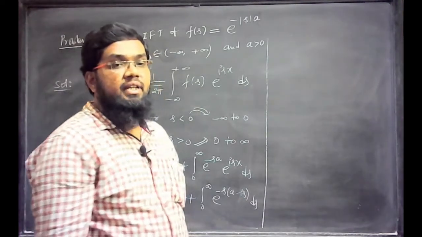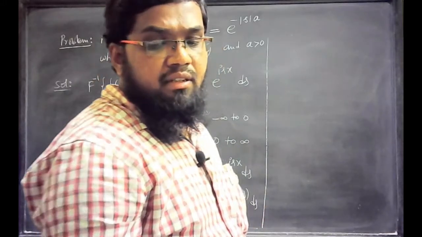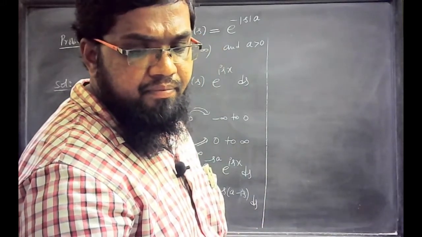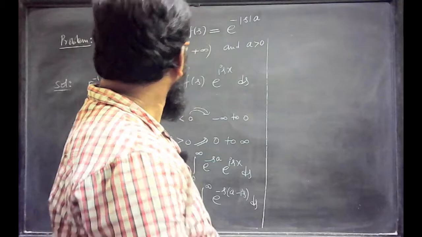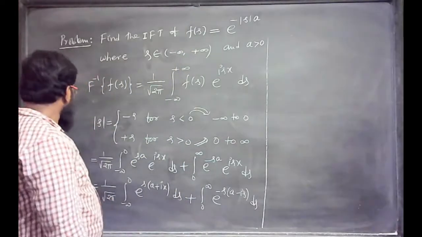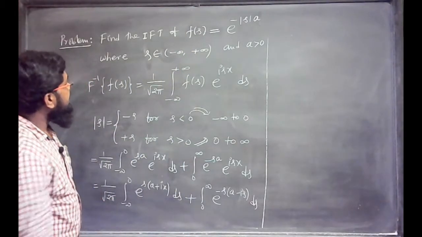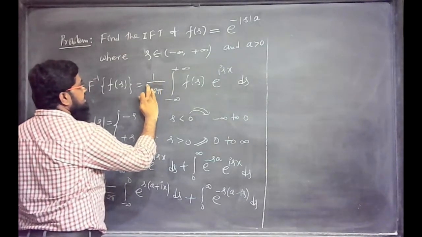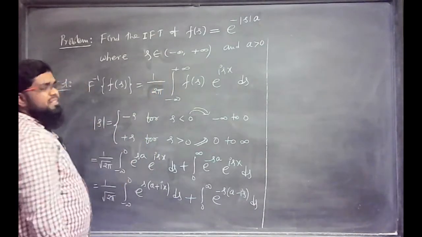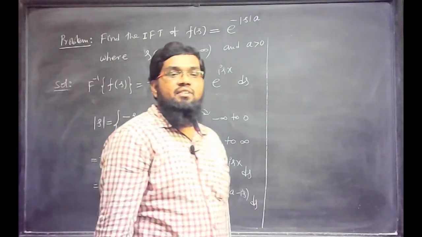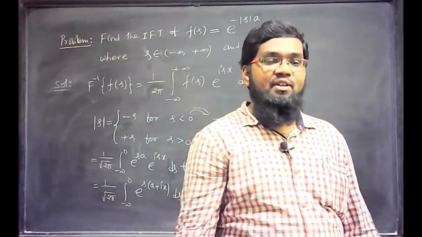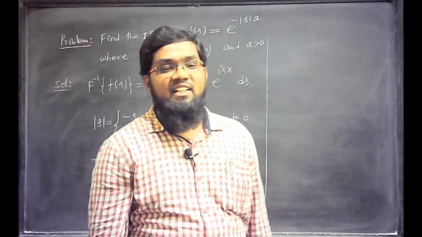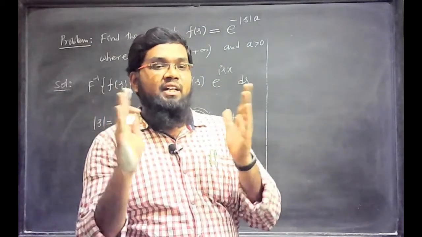The simplification of the integration is important. We made a small mistake: it is not root 2 pi, we are taking only 1 by 2 pi. Even that is not wrong; whether we take root 2 pi or 2 pi, in the entire session we will follow one methodology.